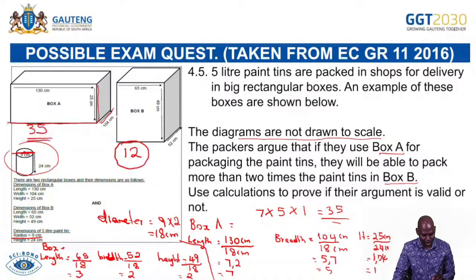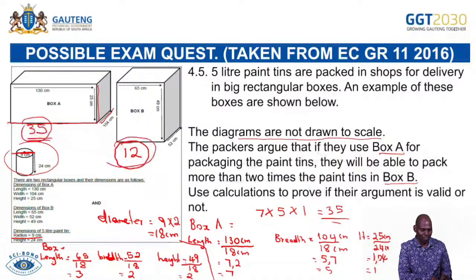Okay, the information that is given there is that the packers argue that if they use box A for packaging the paintings, they will be able to pack more than two times what will be in box B. So here I've got 35, for this one I've got 12.